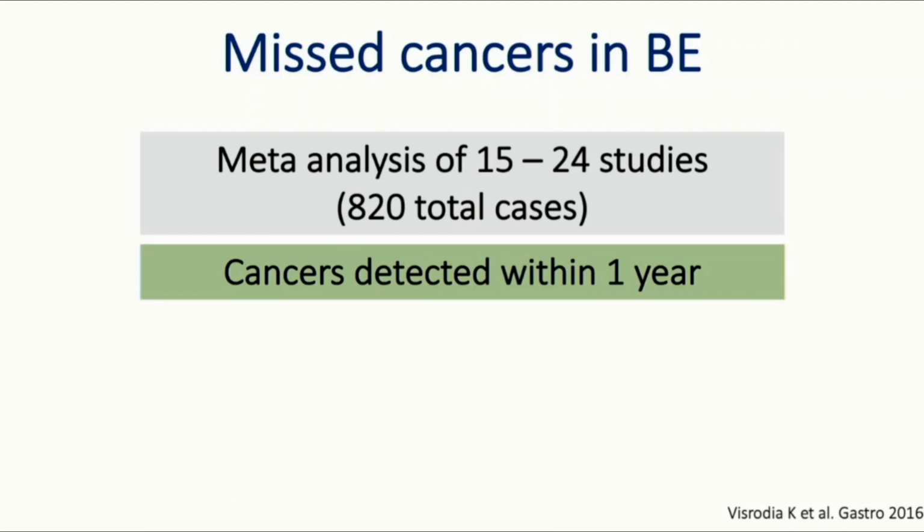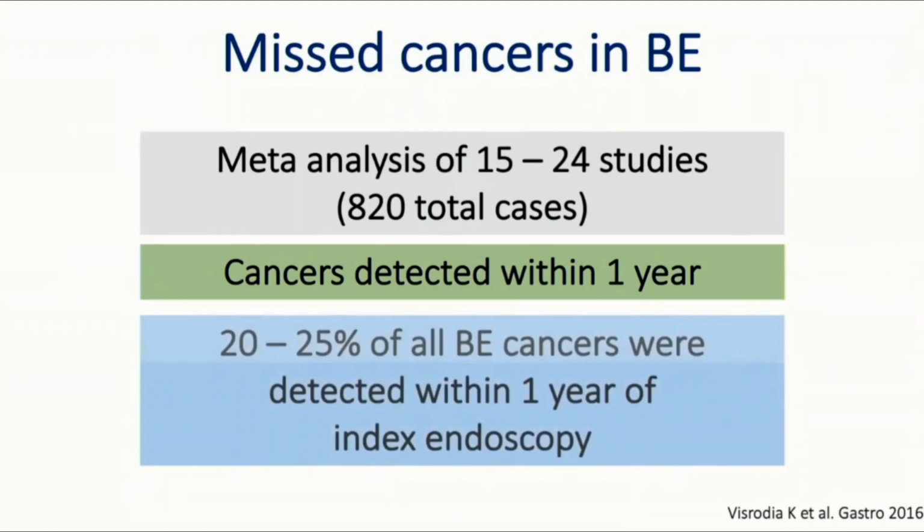So today, you don't have cancer, but you have Barrett's, and then within 1 year, you have cancer. It's probably that these cancers were missed, okay? So that's what they wanted to determine.